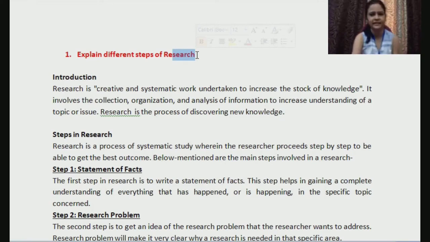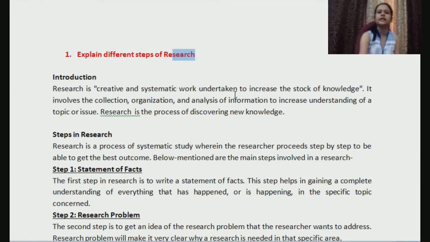That's nothing but research, which is not just applicable for your medical or engineering field, but also for arts people, for legal students as well. If you want to know whether the criminal justice system in India is working fine or not, maybe you can do research on that area. So that will be research.